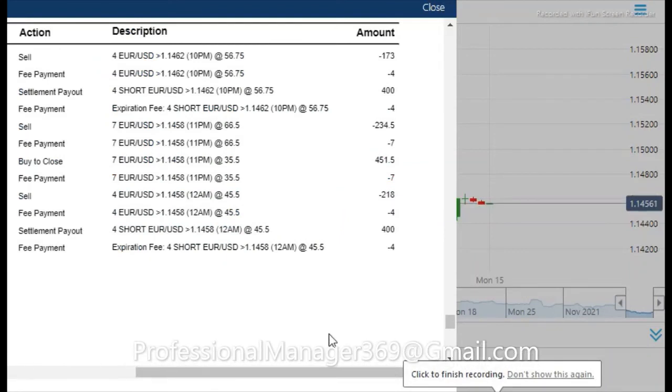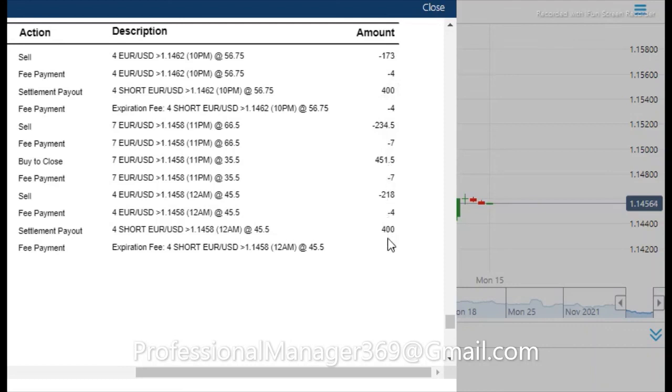Hello friends, this is the statement. $2,000 account, this one. First trade, we invested 173 and got 400 at expiration, nearly $227 profit. Second trade, we invested 234 and before expiry we closed it at 451, nearly $219 profit we made. $219 here and 227 here, that means nearly $440 profit from the first 2 trades.